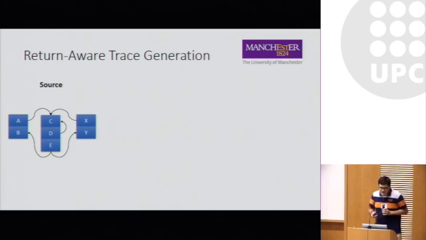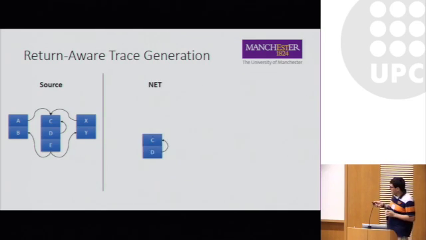Take this example, which consists of a function, CDE, which contains a loop and which is called from two different places. When we translate it with next executing tail, the inner loop will be turned into a trace first, because the branch counter on the backward branch in the loop will hit the threshold first.